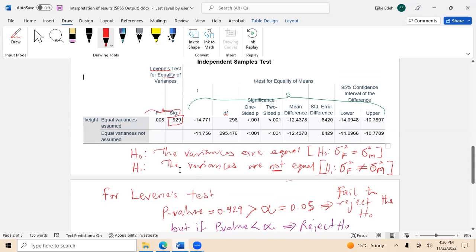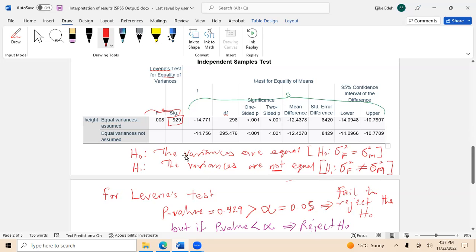And what is H0? H0 is saying the variances are equal. So if you fail to reject H0, it means you are going to assume in your test that the variances are equal. But if you reject H0, assuming the p-value here was smaller than 0.05, then we would have assumed the variances not to be equal.